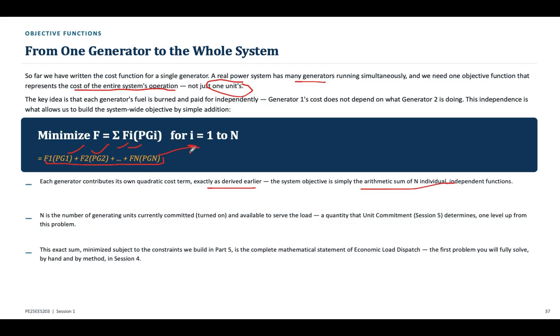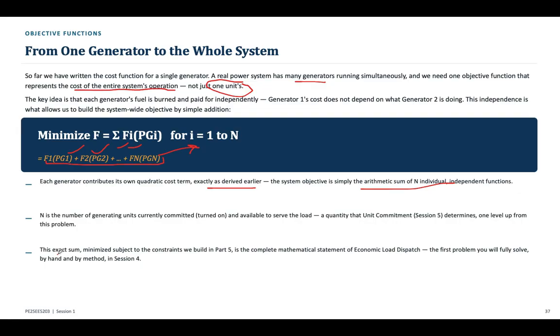N is the number of generating units currently committed, turned on and available to serve the load. That quantity, unit commitment, we will take up not in this week's class, but in next week's class. It is one level up from this problem.